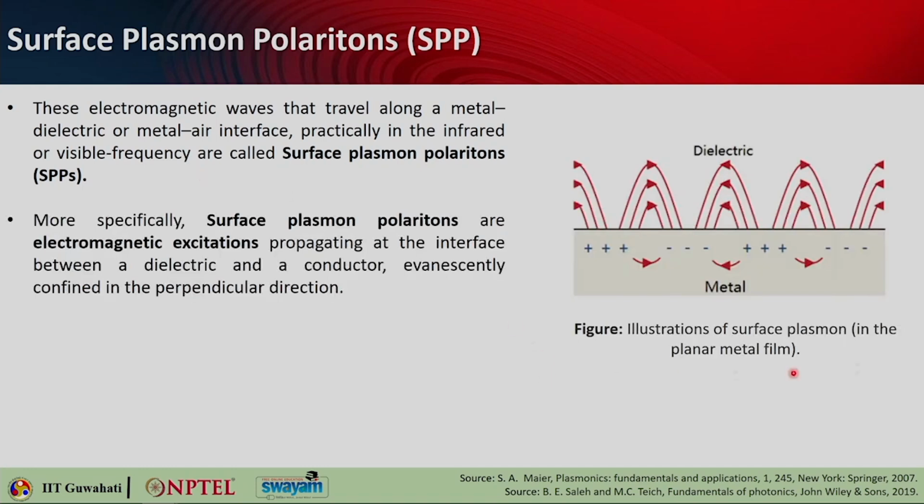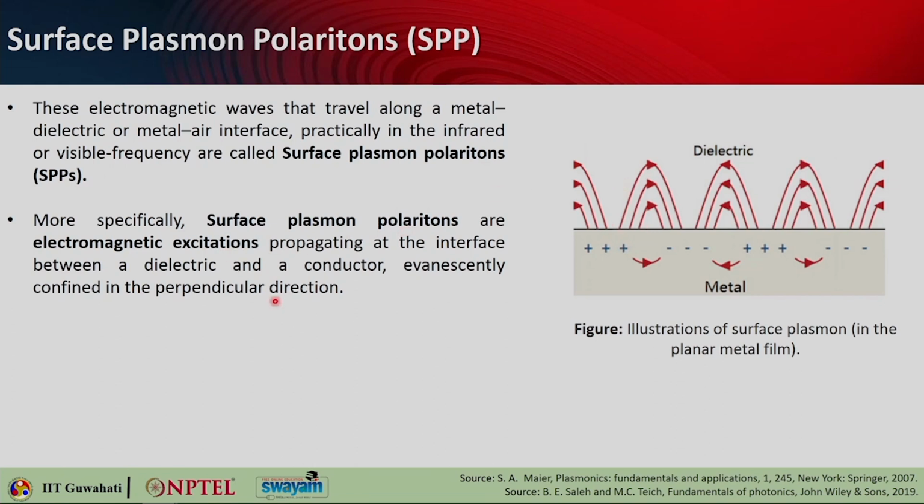This is the illustration of a surface plasmon. This is a thin planar metallic film, and this is the boundary of the metallic film. On the top you have a dielectric. What is happening here? You can see that the field or surface wave is allowed to propagate along the interface between this metal and dielectric.